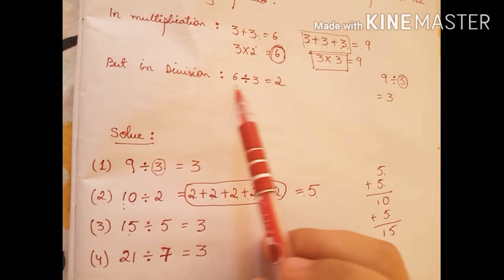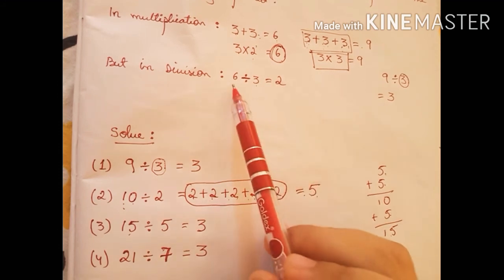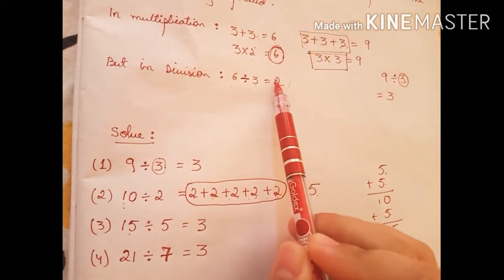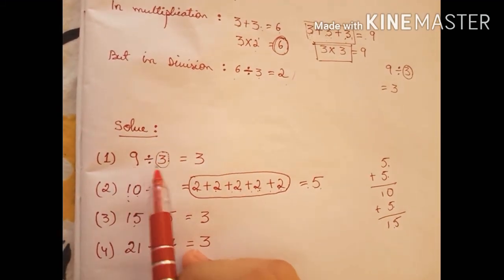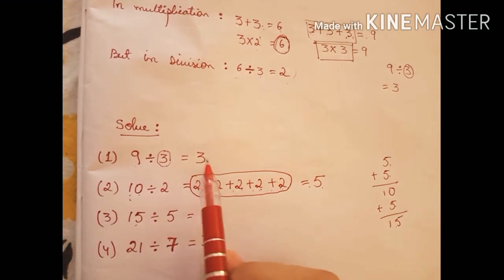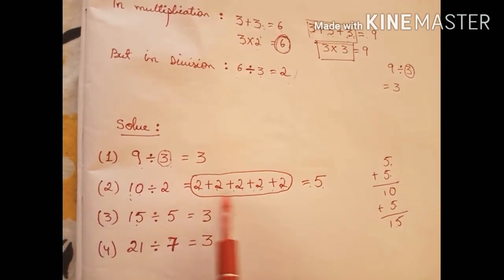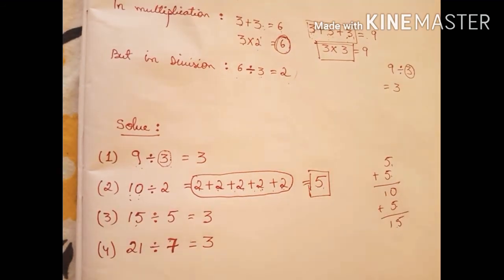But in division, you have to find out, if you add 3, how many times will it make 6? And that is what you have to find out in division. And that is what we did here. 9 divided by 3. 3 times 3 will make 9. And 5 times 2 will make 10. So the answer is 5.